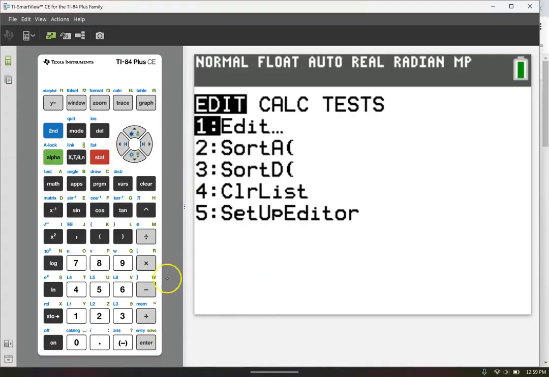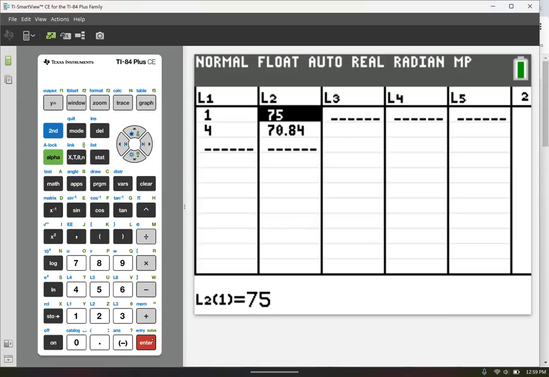If I go to Stats, Edit, I enter in the information like this. So instead of 0.75, 370.84, I want to do 175, 470.84. I have to make that little adjustment. Again, this is why I would recommend doing this one by hand instead, but I do want to show you we can use the regression.